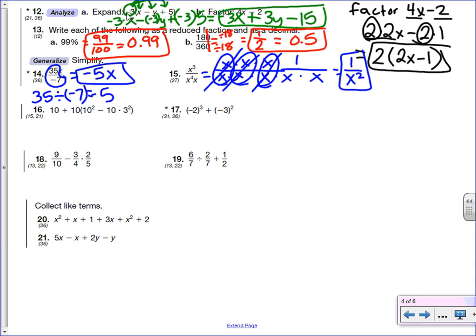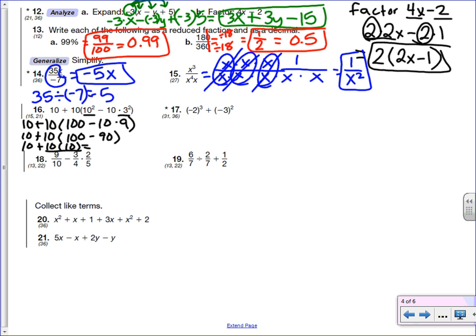In number 16, it's order of operations. So according to order of operations, parentheses come first. So I do in the parentheses these squareds first. 10 squared is 100. 3 squared is 9. 10 times 9 is 90. 10 minus 90, or 100 minus 90 is 10.